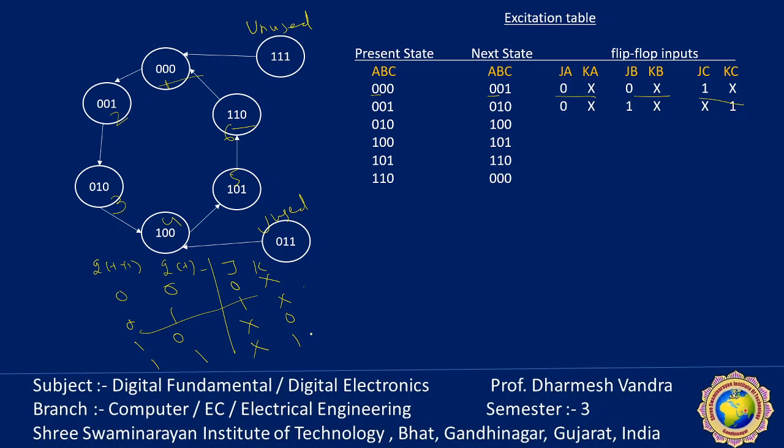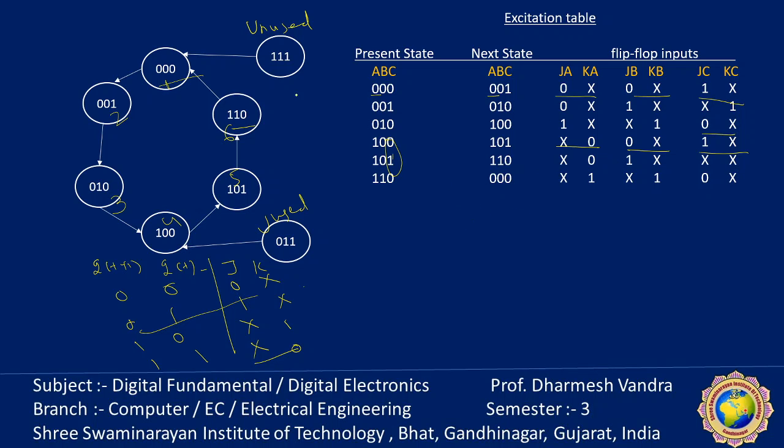Sorry, here my mistake. Again 0 to 1 is 1x, 1 to 0 is x1, 0 to 0 is 0x. Then 1 to 1 is x0, 1 to 1 is x0, 0 to 0 is 0x, and 0 changing to 1 is 1x. Similarly for all three columns.